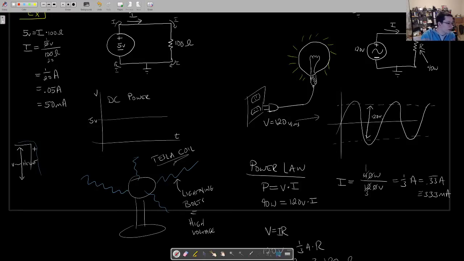Your width of the waterfall is analogous to resistance, and the amount of water going over the waterfall at any given moment is analogous to the current.